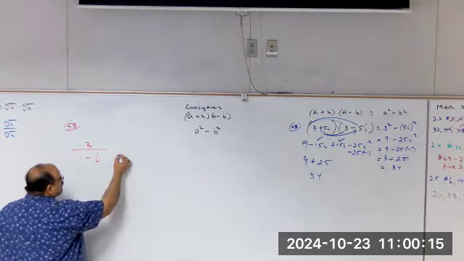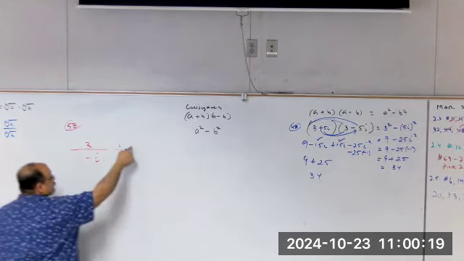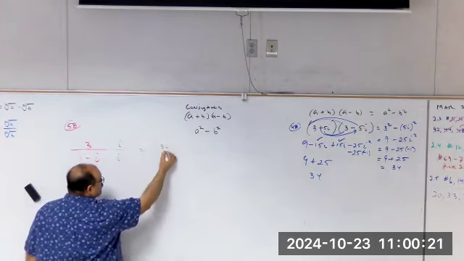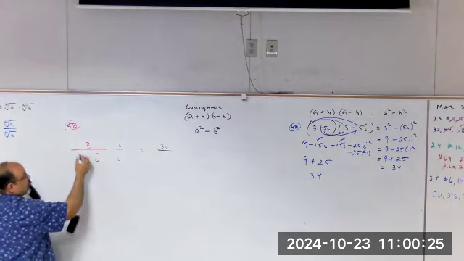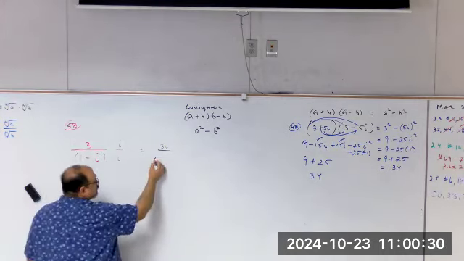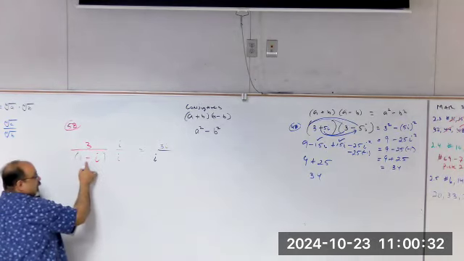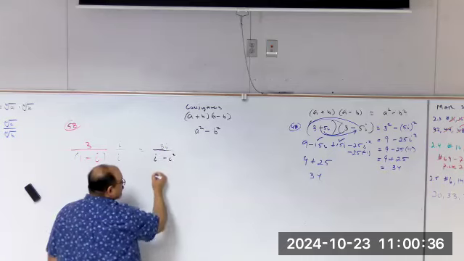if all I do is multiply by i over i, we get 3i. Down below, though, it's i times 1 minus i. You have to distribute i times 1, and i times negative i is negative i squared.